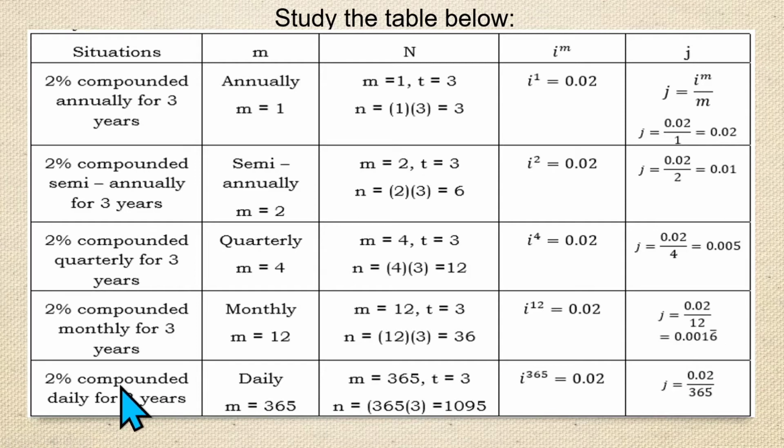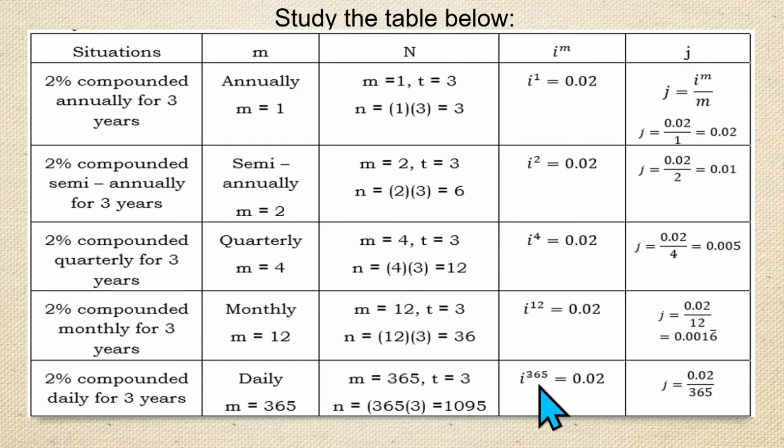And then on the last situation, we have 2% compounded daily for 3 years. When we say daily, it is 365 days in a year. So m is equal to 365. So n is equal to m times t, which is 3, and m is 365. So 365 times 3 is equal to 1,095. So n is equal to 1,095.